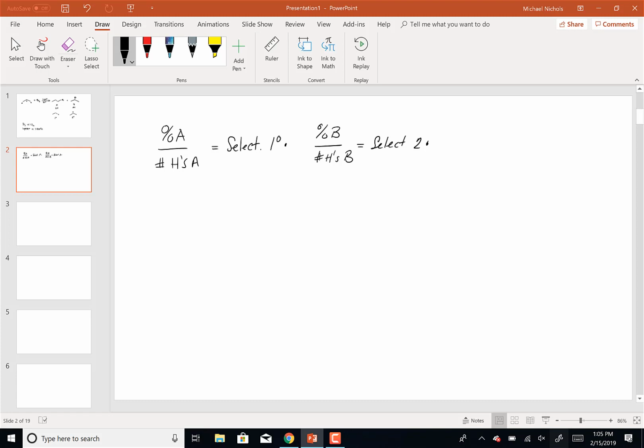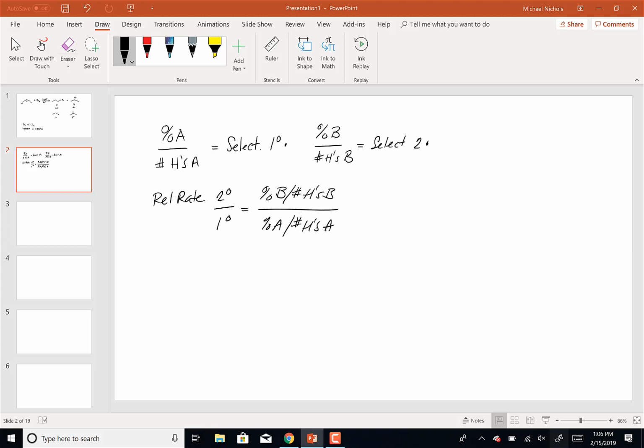But what I could do is I could say, okay, how about I divide through and say that the relative rate of the secondary to primary would be percentage of product B divided by number of hydrogens of B over the percentage of product A divided by the number of hydrogens of A. So in dividing through by the number of hydrogens, I'm basically normalizing the system.